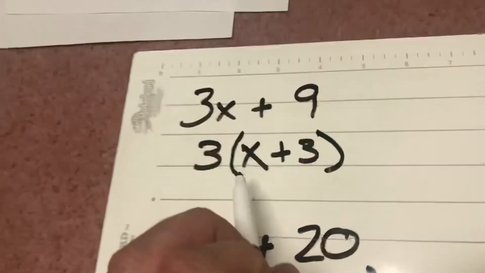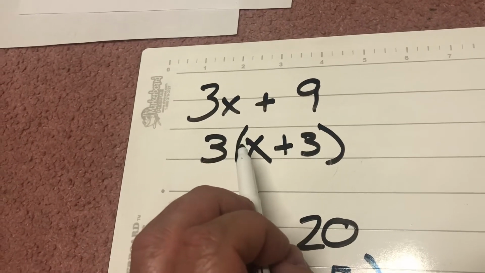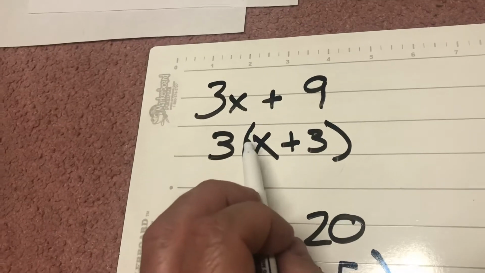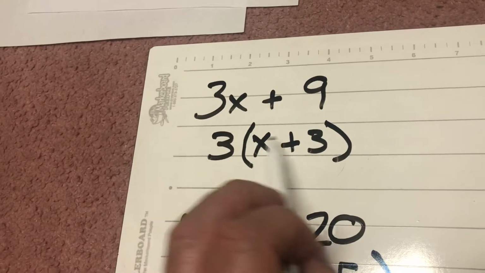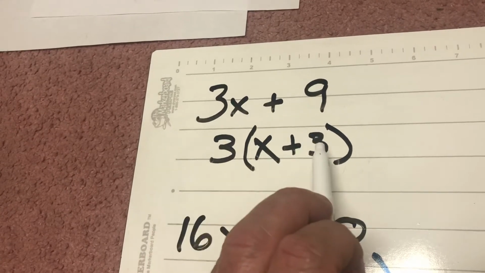To check if the previous one was in simplest form, remember our rule. If there's no number in front of a variable, we know that there's a 1 there. We don't put the 1 there, we just understand that it's there. So we have 1 and 3. No number besides 1 can go into both 1 and 3.